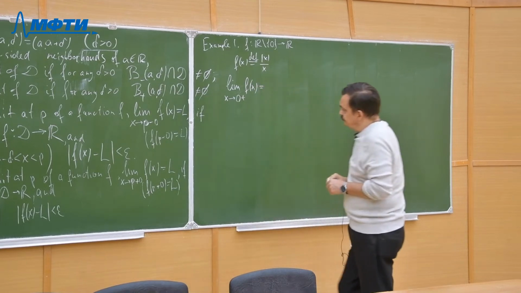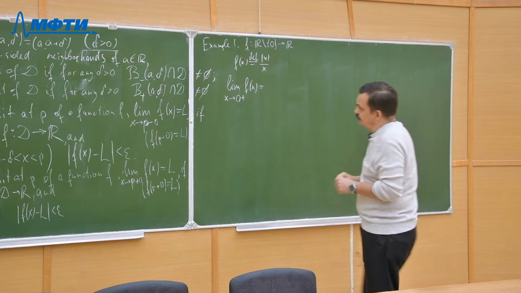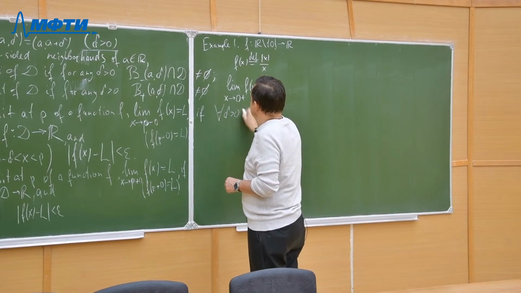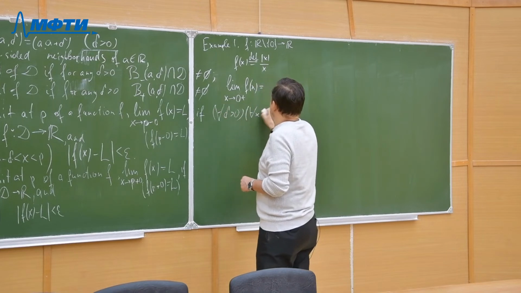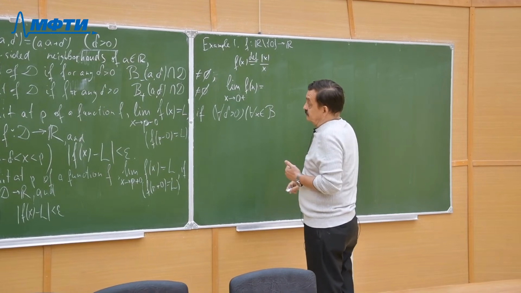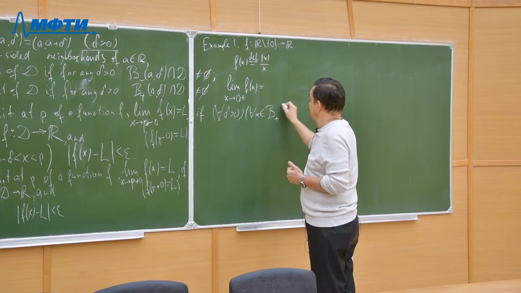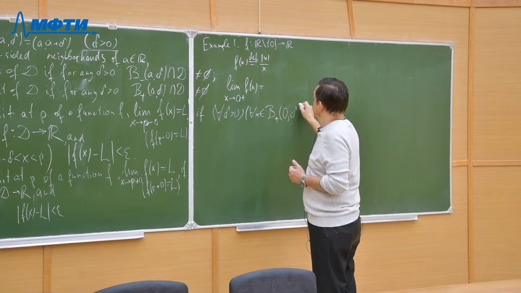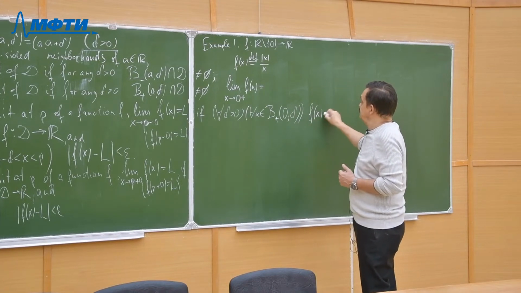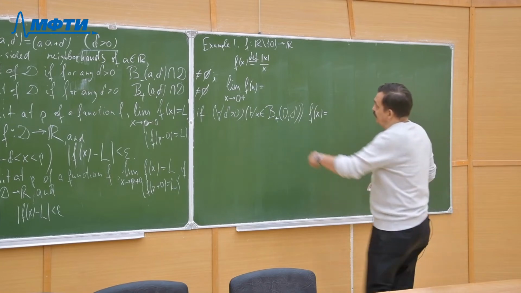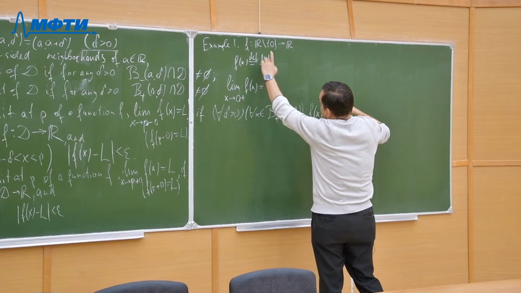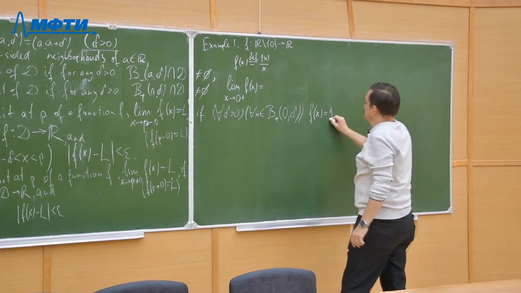Look, for arbitrary delta greater than 0 and for arbitrary x in the right-sided neighborhood B plus of 0, delta, what do we have? f of x equals, if x is greater than 0, then modulo x coincides with x, and that is 1, right?